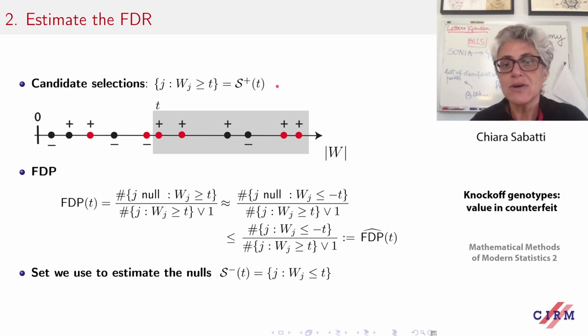Then exploiting the fact that for null variables, W's have a symmetric distribution, the sign of W's is a coin flip conditional on the absolute value of W, we can get an estimate of the null set. And here is how we can do that, simple calculations.